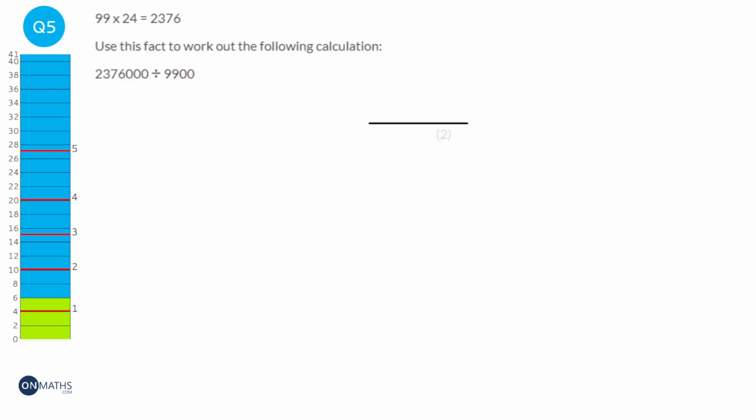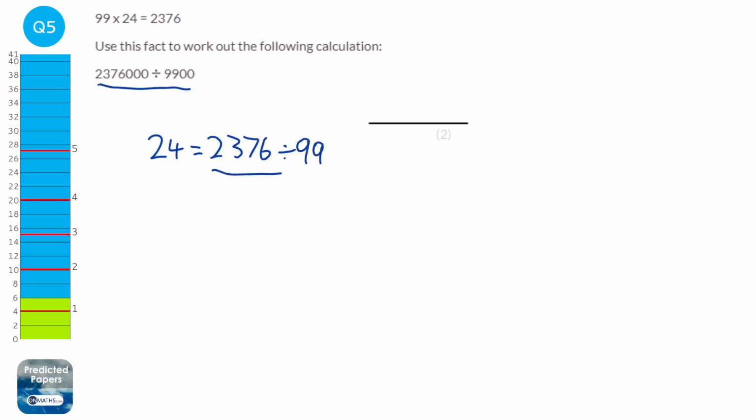So we need to rewrite this fact here so that it looks like this. So I'm just going to focus on this fact, and what I'm going to do is divide both sides by 99. So we end up with 24 equals 2,376 divided by 99. Now you can see that that looks like that, which is kind of the point.